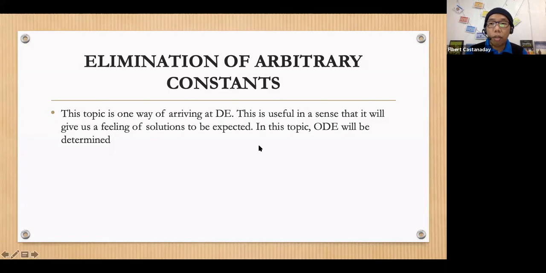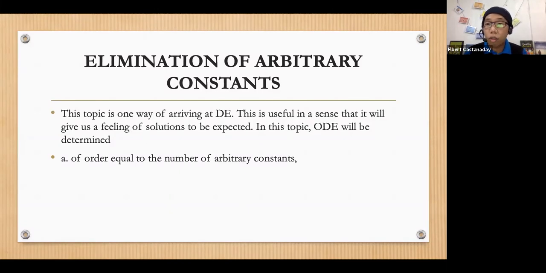So what are the characteristics of an ODE? Utilizing this technique, how to arrive at its differential equation. The order of the DE is equal to the number of arbitrary constants. For example, if the given equation contains two arbitrary constants, it means that we are expecting a second order differential equation.